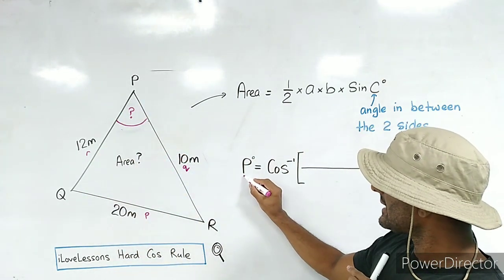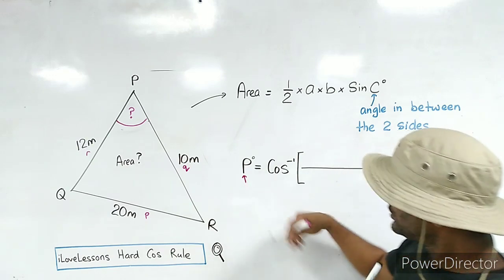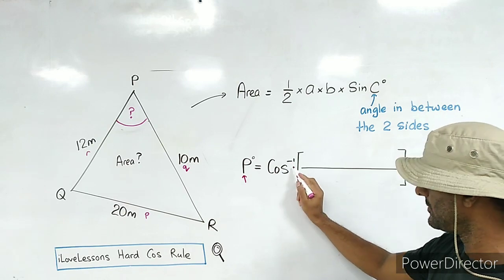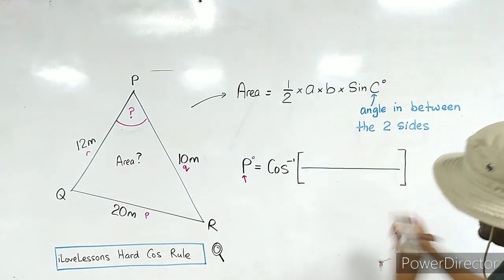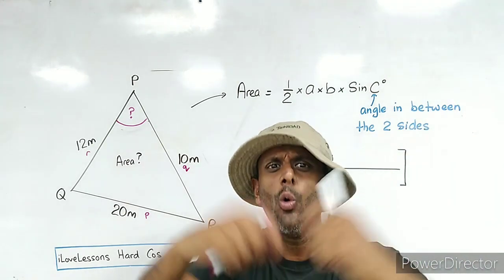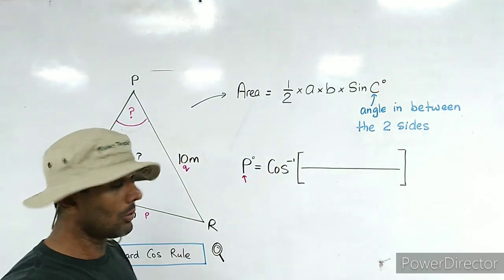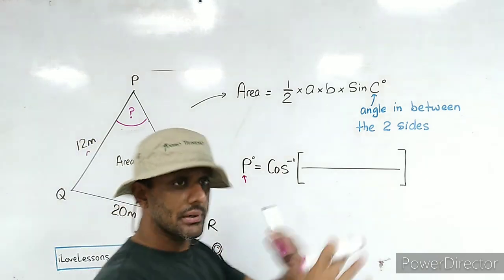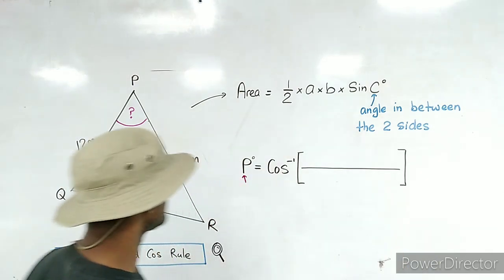If we want to find angle P using the cosine rule, all you have to do is put cos inverse in a big square bracket. Inside the square brackets, only common letters will go. Only common letters. So how you put the common letters is very important.